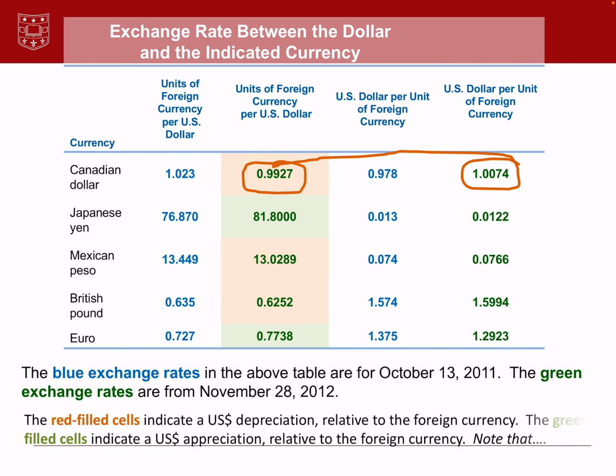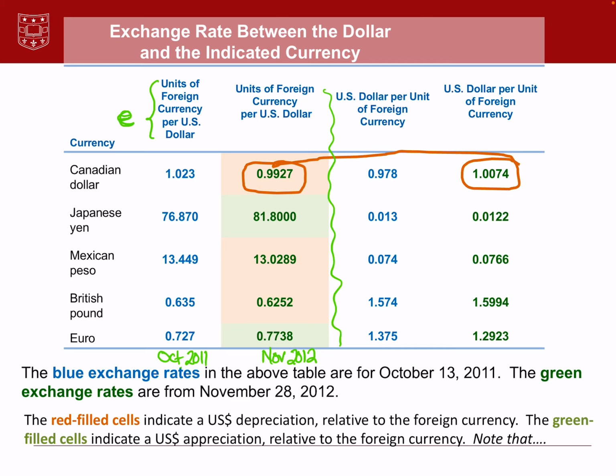So what I have here in a picture is just an illustration of this from a particular time period. So we have in the blue exchange rates, sorry, this is units of foreign currency per US dollar. So in our depiction earlier, this would be the E. And the blue exchange rates are for October of 2011, and the green exchange rates are for November of 2012.